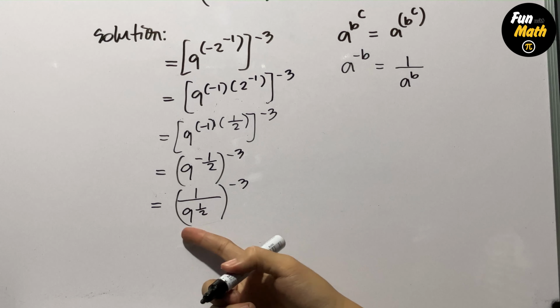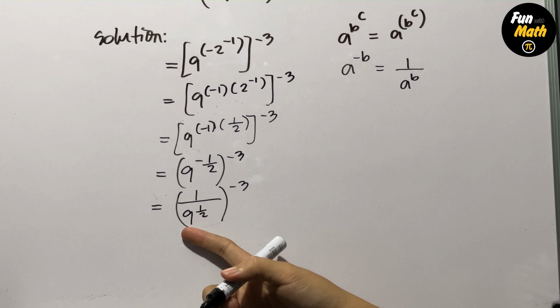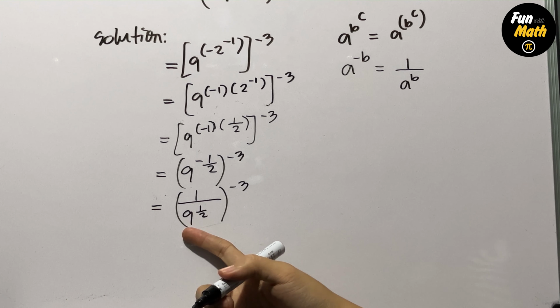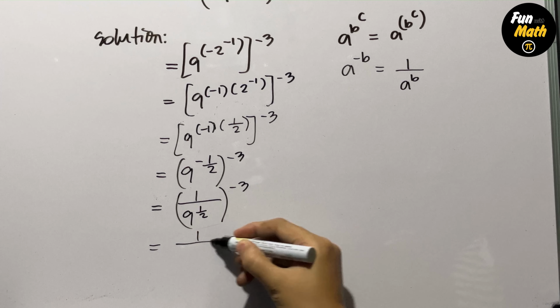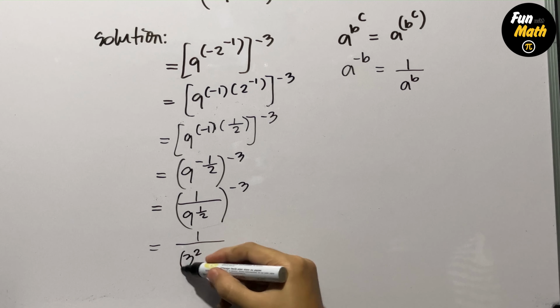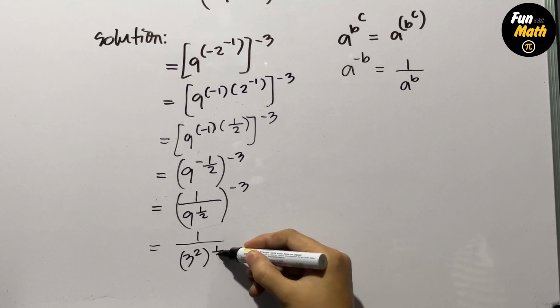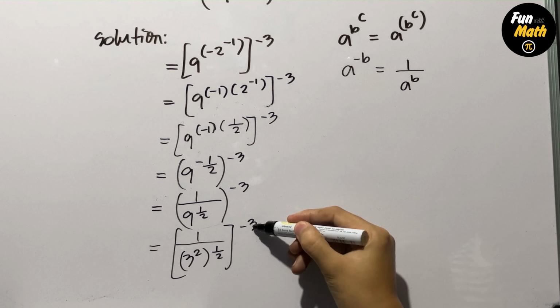The next, for the base 9, we can write it into a power form in terms of 3, and that is 3 squared. So this is now equals 1 over 3 squared whole to the power of 1 half, then whole to the power of negative 3.